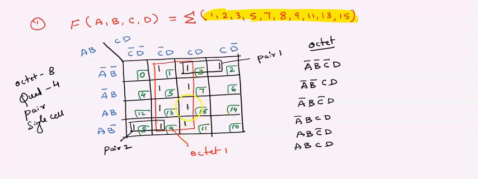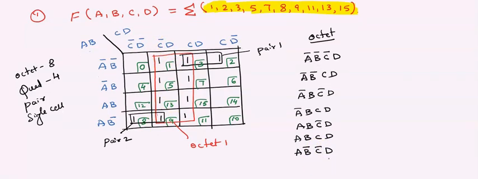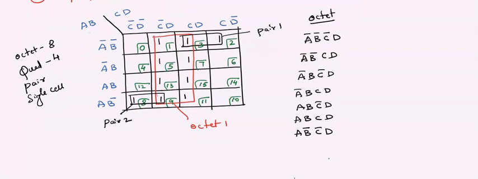Next this one belongs to A B complement, C complement D. Then this one belongs to A B complement, C D.